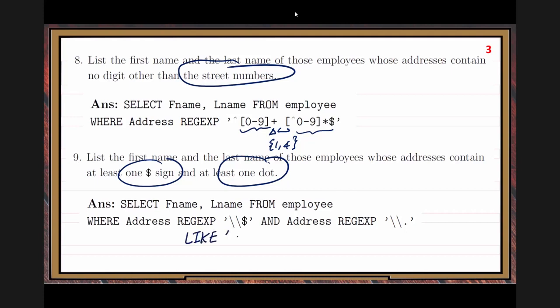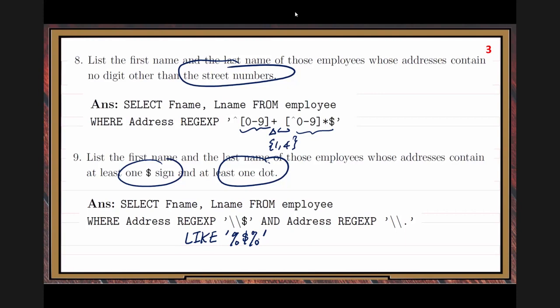But when you use the like way, do not use the double slash escape, because the dollar sign in the like way is not a special character. It's a normal character. So you just do a dot %. That's good enough. Some students get confused and put a backslash.